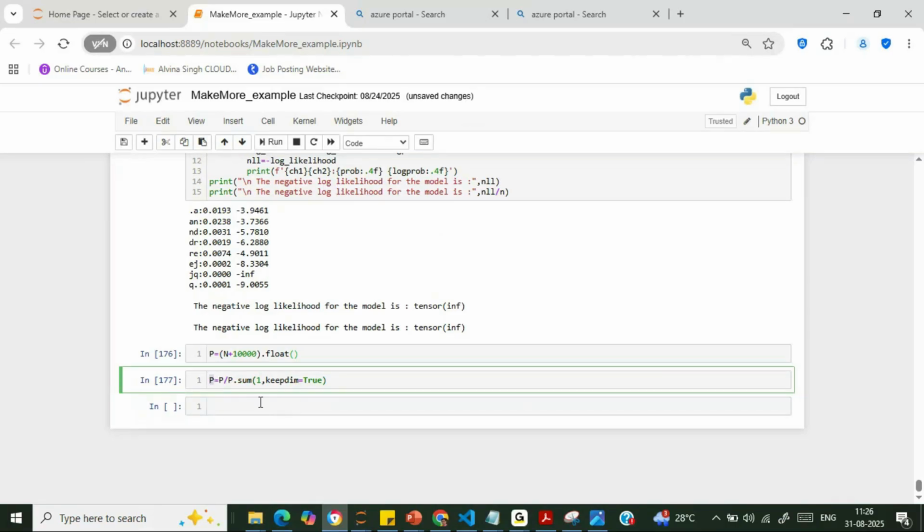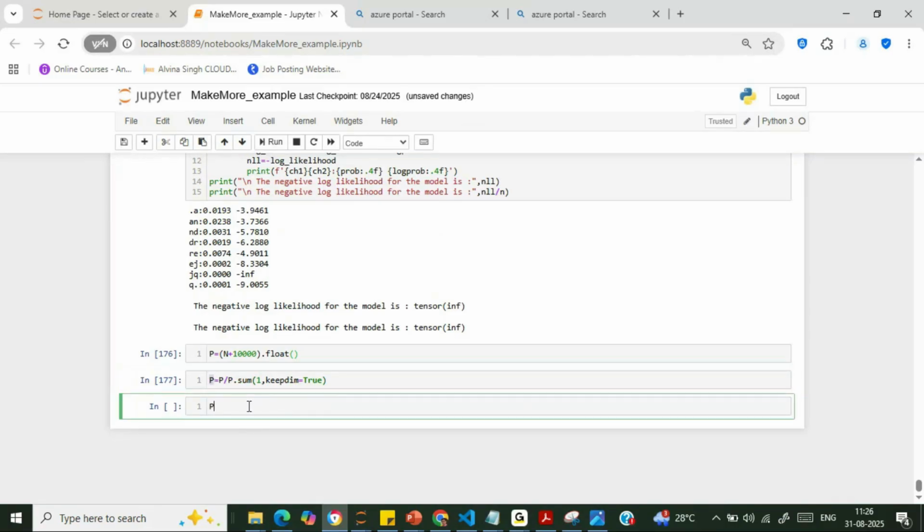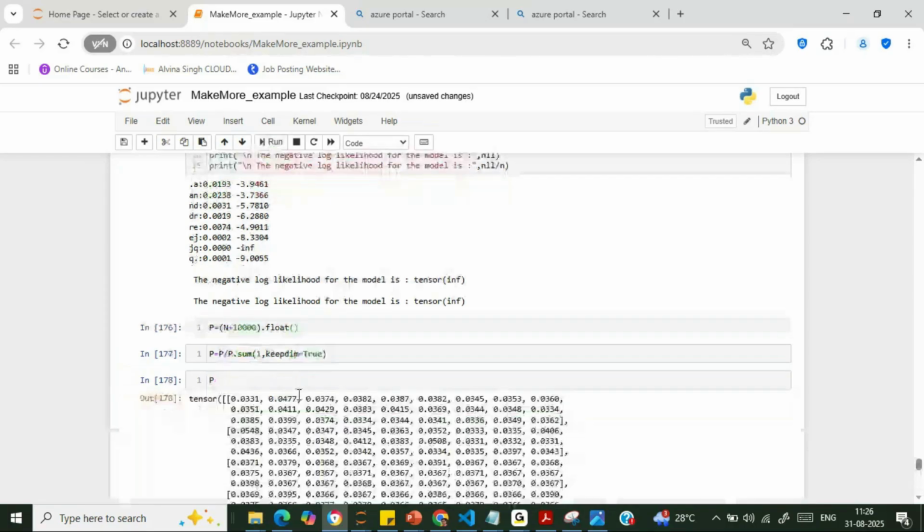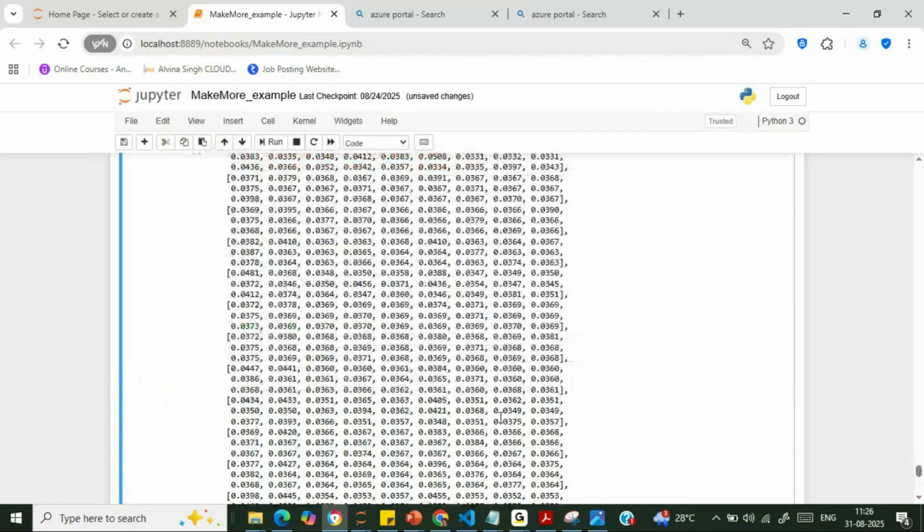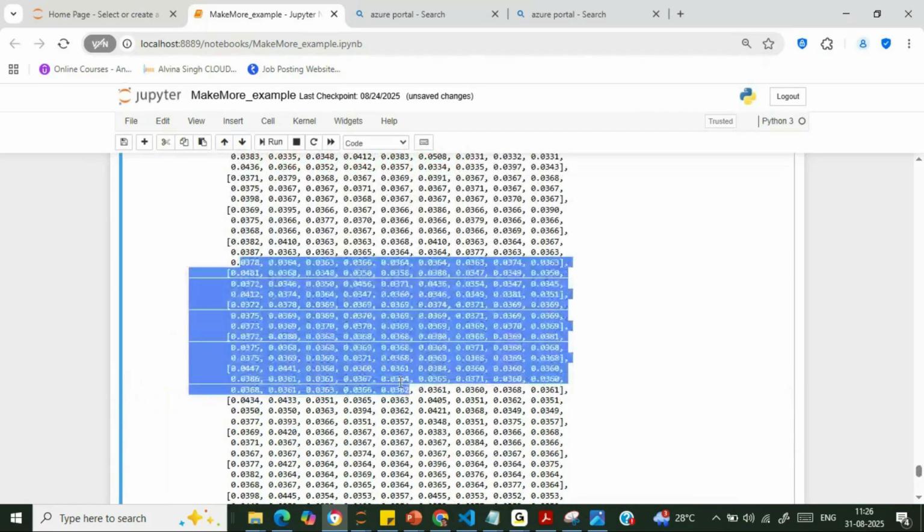Now this particular 10,000 number will be added in each and every element, and I will be able to get this particular outcome.